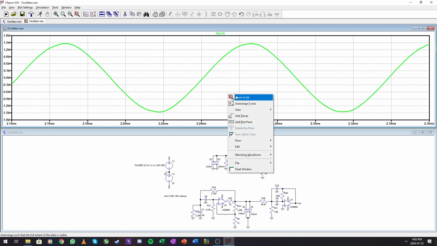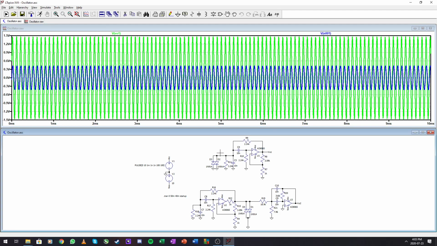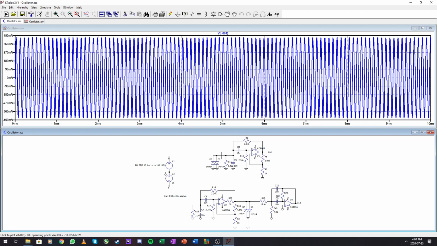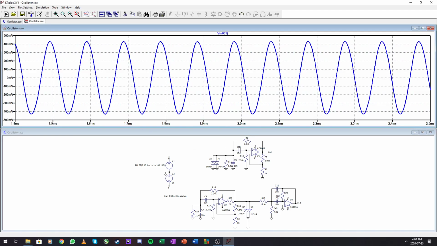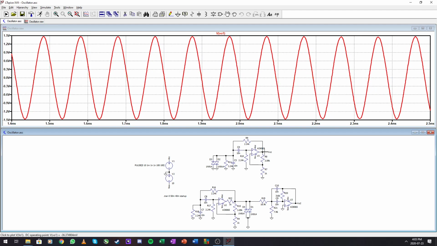You can see the signal is slightly distorted. And we can have a look here at the input, about 450 millivolts, and we have some losses going into the amplifier, and then it goes to 1.5 volts right there.